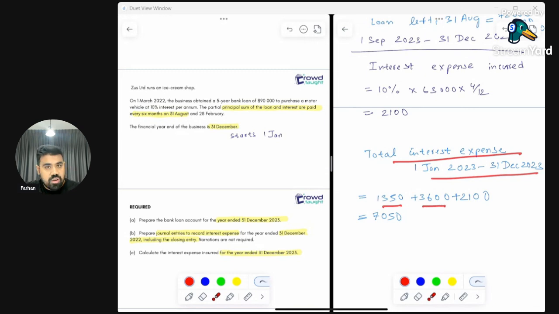Then $3,600 added, which was for the months of March, April, May, June, July, August. And then we add $2,100, which was for the last 4 months of September, October, November, and December. That gives us a total interest expense of $7,050 for the financial year that started on 1 Jan 2023 and ended on 31 December 2023.